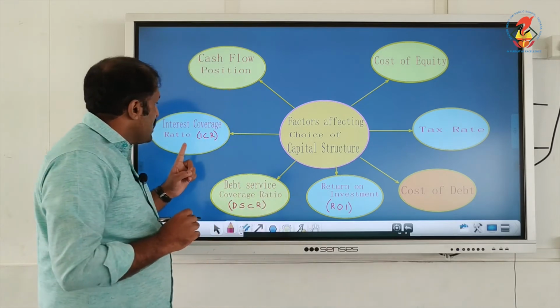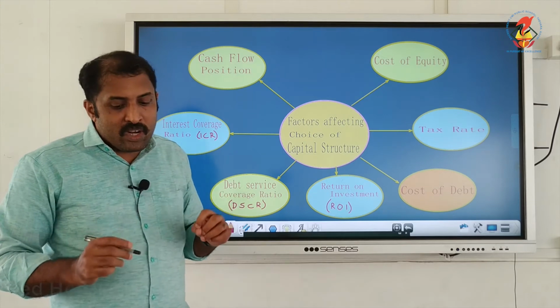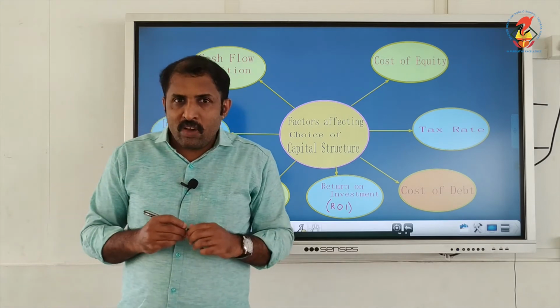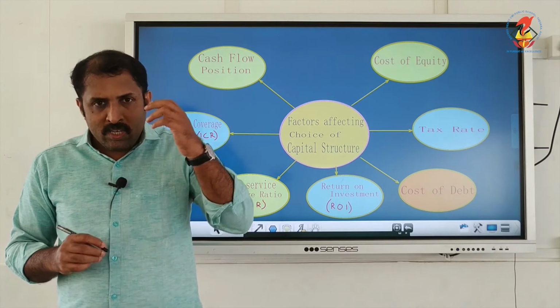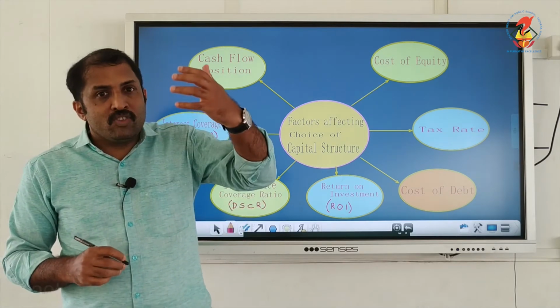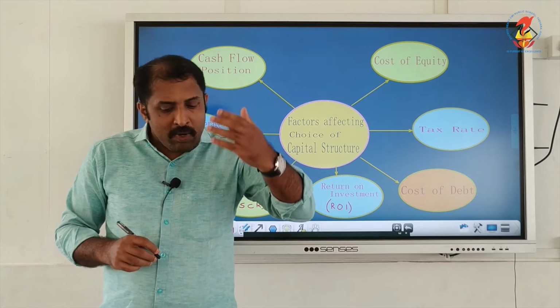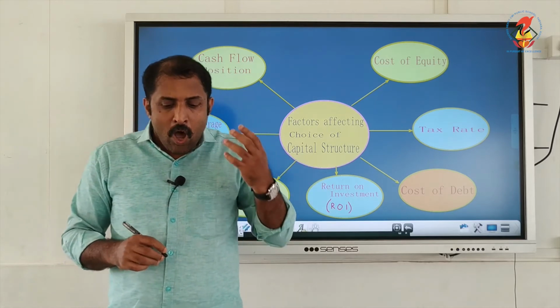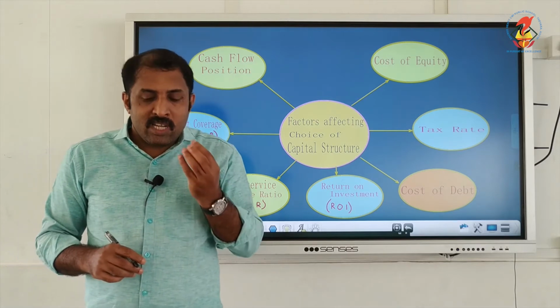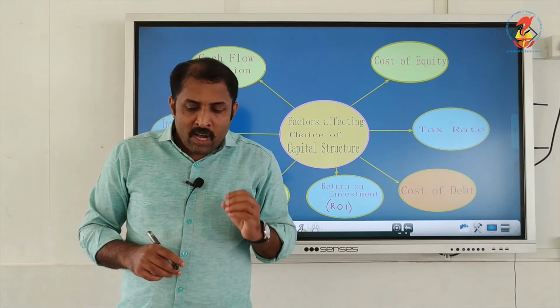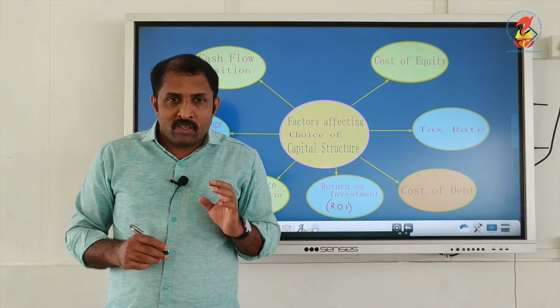The second one is called the interest coverage ratio. Interest coverage ratio is a method by which we try to see how many times earnings before interest and tax cover the interest obligation.